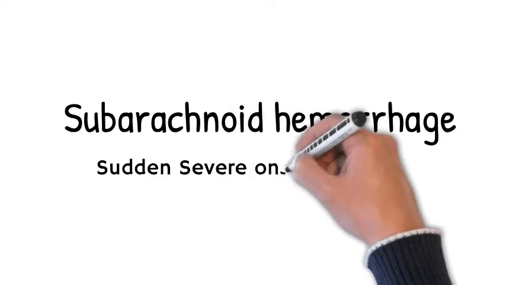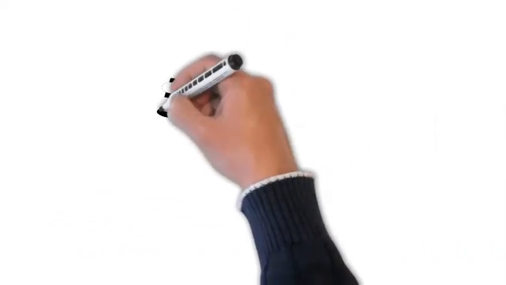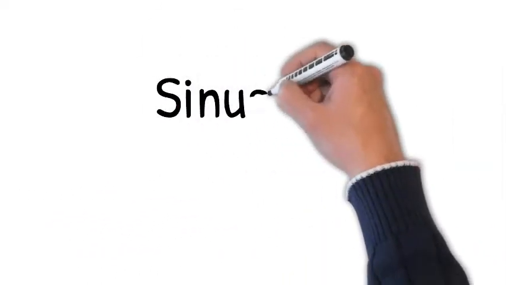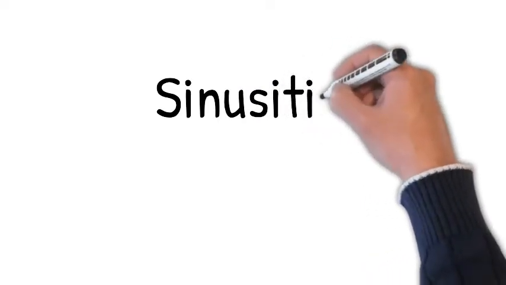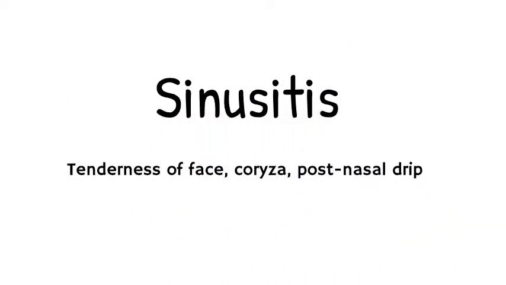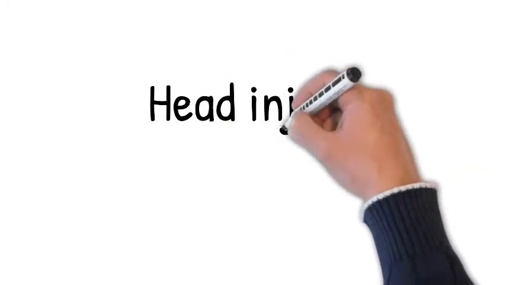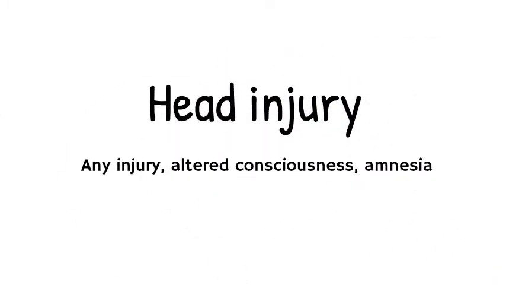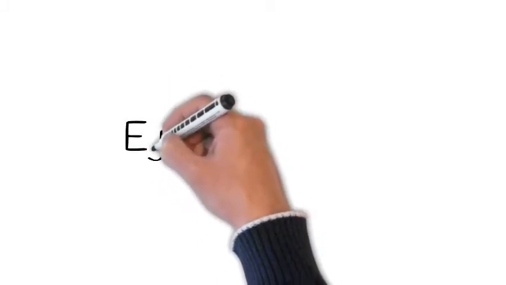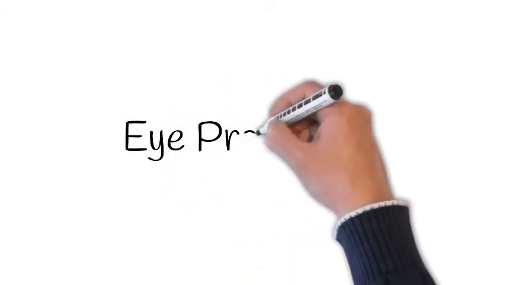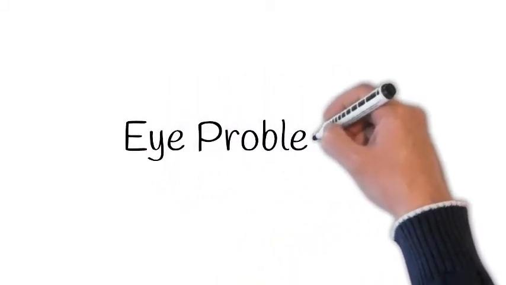For sinusitis, look for tenderness of face, coryza, postnasal drip. For head injury, ask for any injury, cuts or bruises, altered consciousness, lucid interval, amnesia. For eye problems, ask about pain, redness, watering, discharge, blurriness or decreased vision.